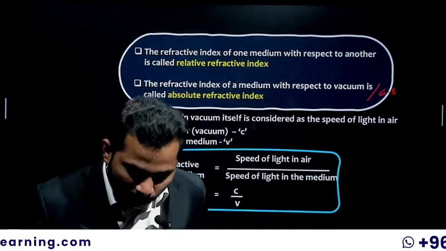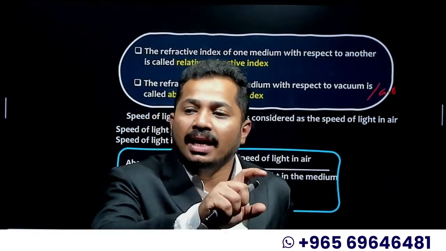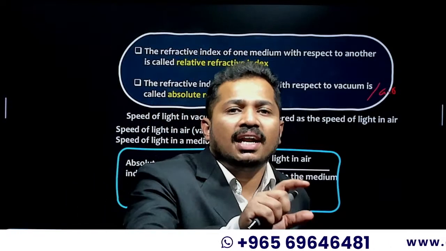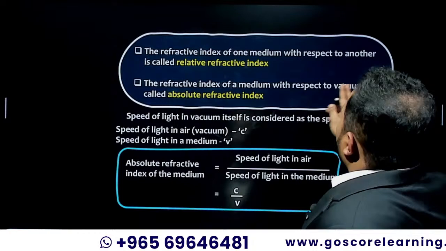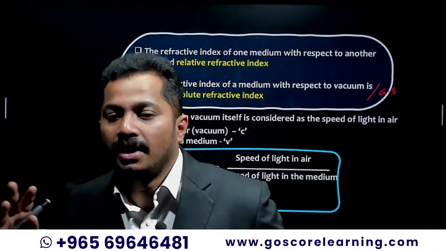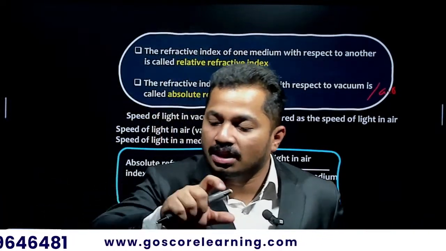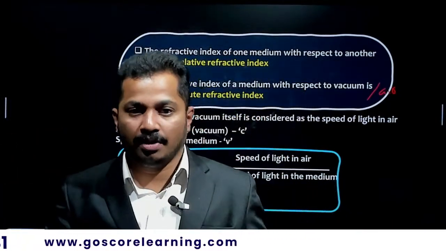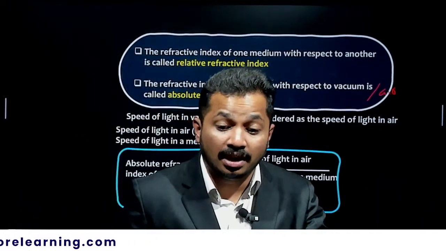So many terms, so many definitions, but don't be confused. Relative refractive index is the refractive index of a medium with respect to another medium. Absolute refractive index is the refractive index of a medium with respect to vacuum or air, and it is also called refractive index. That's it. The definitions are pretty important.